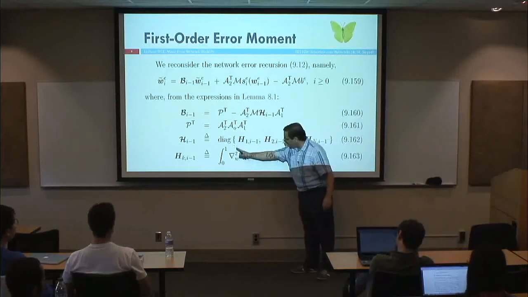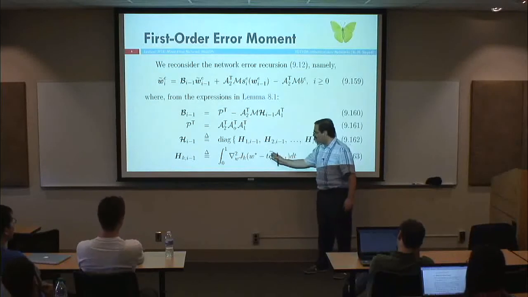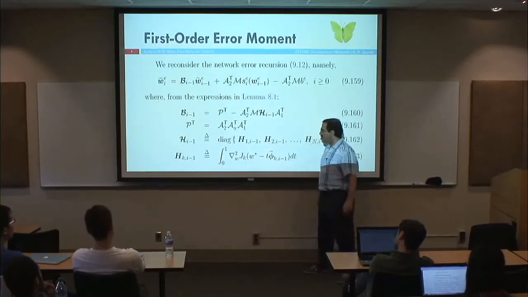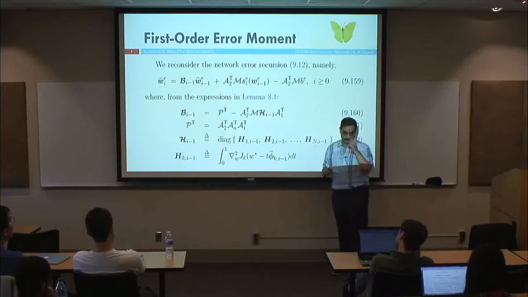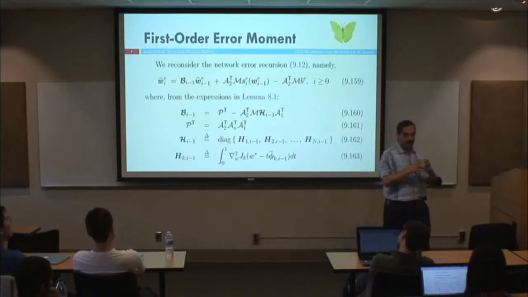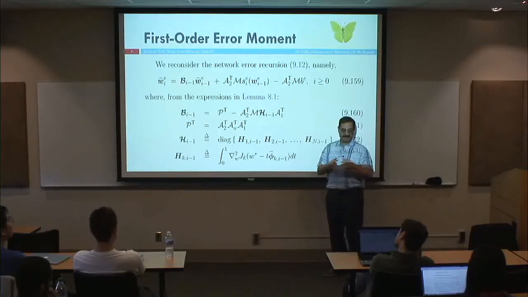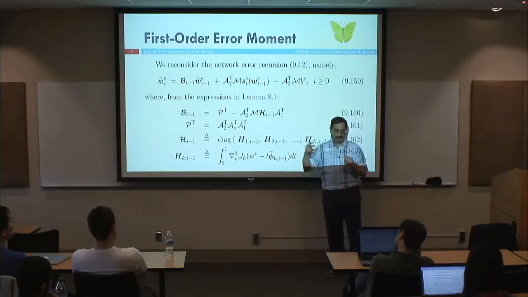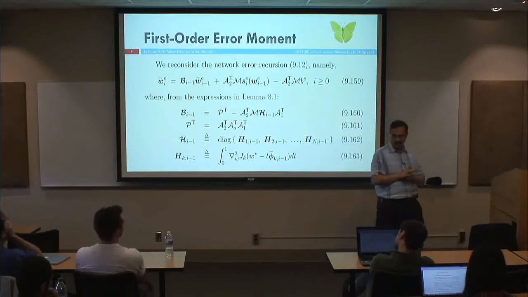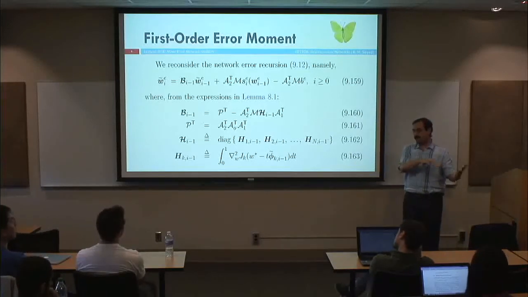Each one of them is an integral of the Hessian of the cost at the corresponding agent, evaluated at some location. We don't really care much about the exact expression for these H's because when we did the analysis, we called upon the fact that your costs are strongly convex, therefore uniformly bounded from below, and we also assumed that they are uniformly bounded from above, because we assumed that the global cost was uniformly bounded from below and from above.